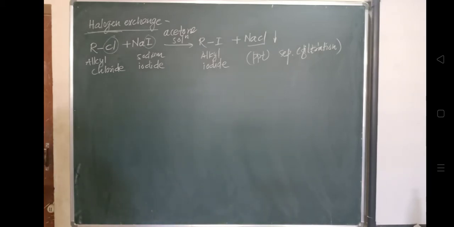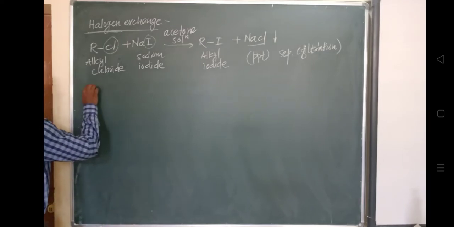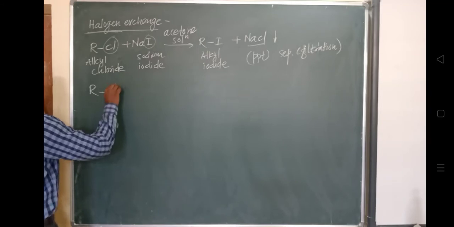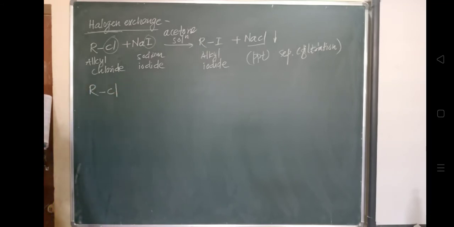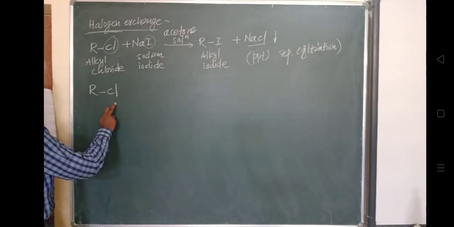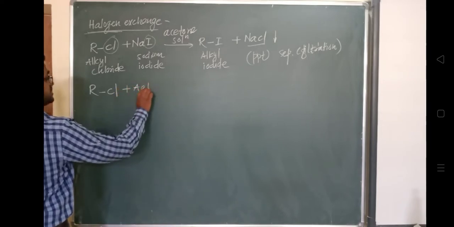Another example is alkyl fluoride. Alkyl fluorides are prepared by heating alkyl chloride or bromide with a metal fluoride, so this is AgF, silver fluoride.